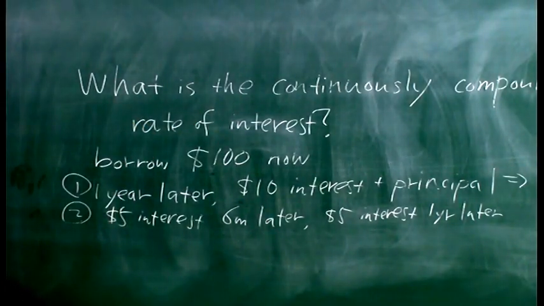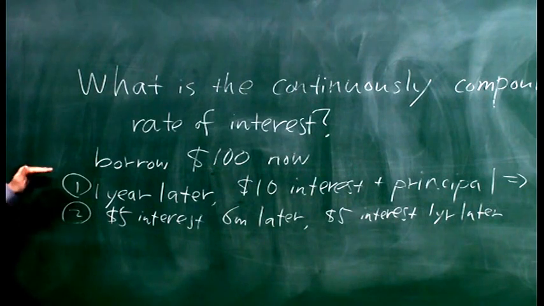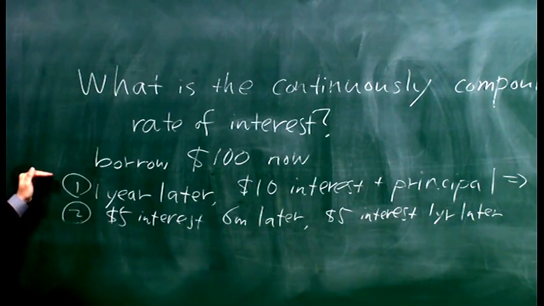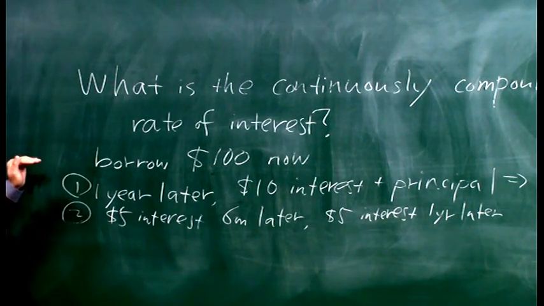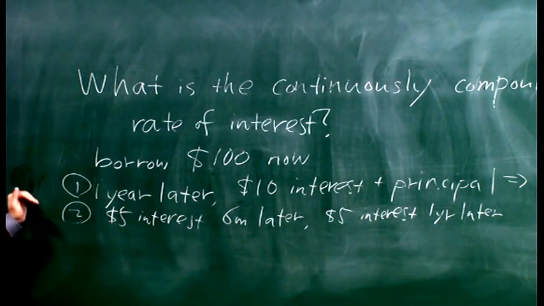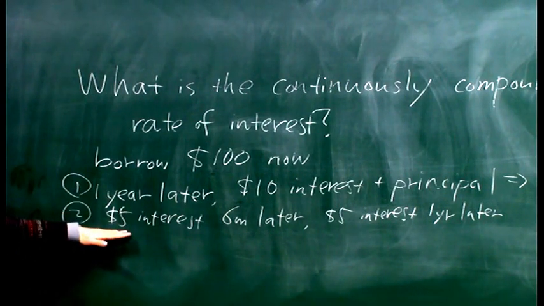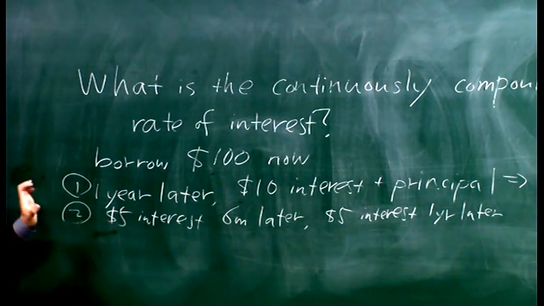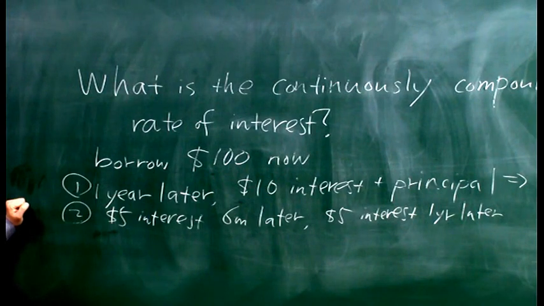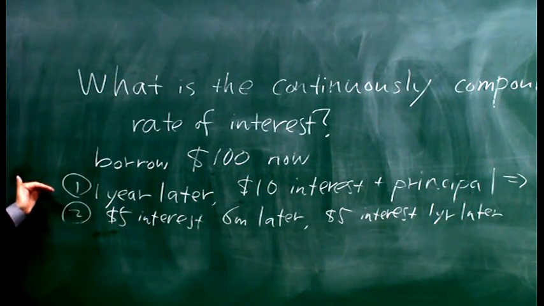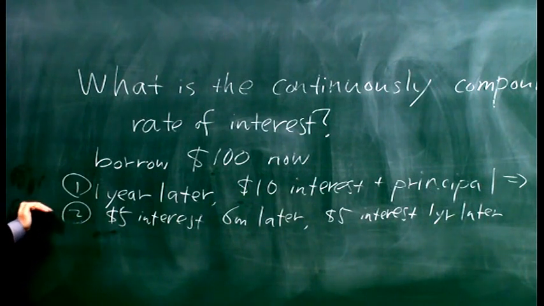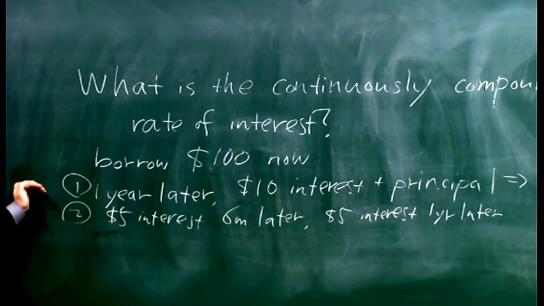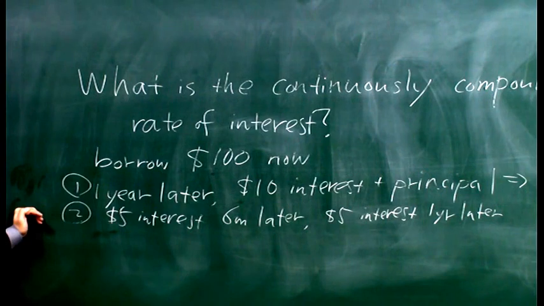In this case, what is the interest rate? It's slightly different from the first situation, because if you think about compounding, then the first $5 interest will also earn extra interest for the second half of the year. So if you consider that, then in the end, you will get more than the $10 interest eventually.